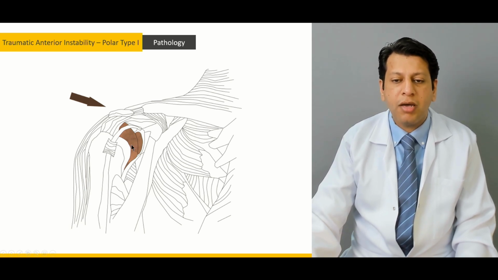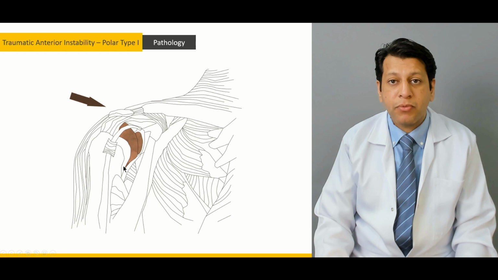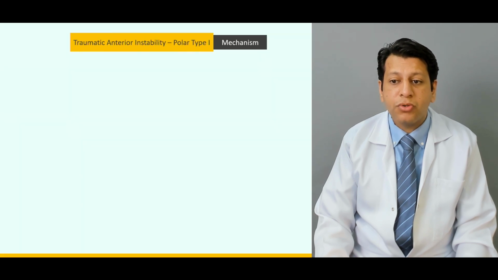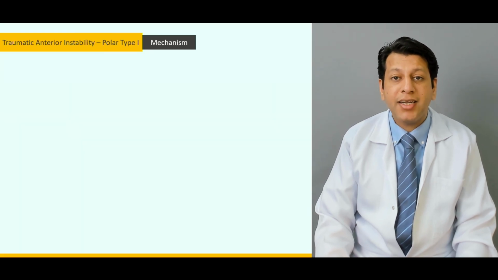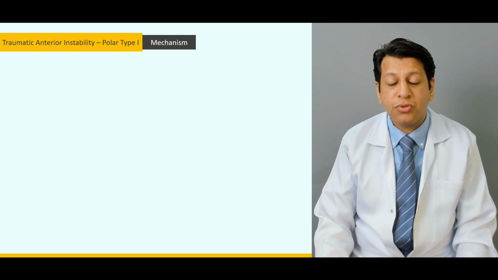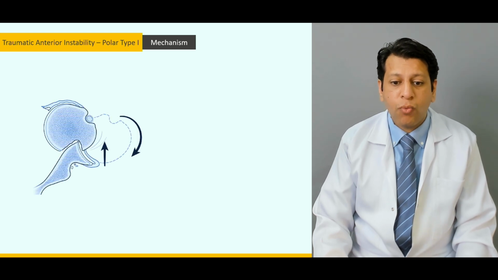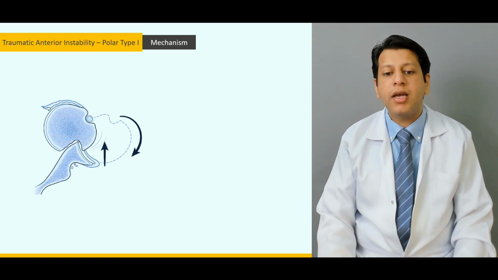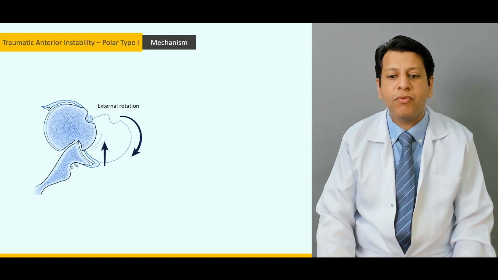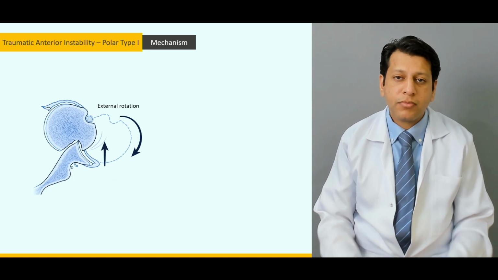This damaged not only the glenoid labrum, the anterior part of the glenoid cavity which forms the articular surface, but also the capsule. So this usually produces a traumatic anterior instability, which could be associated with a type 1 polar injury, the structural traumatic injury. This is an important diagram to understand before we move on further.